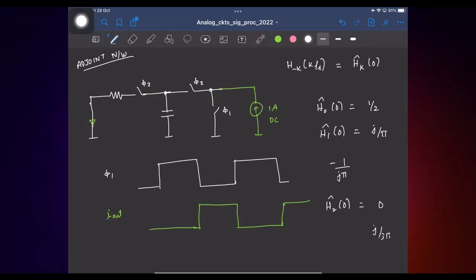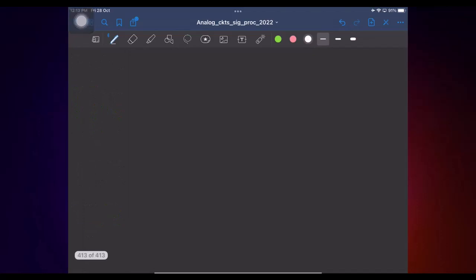So let me do another example. So let's look at chopping.